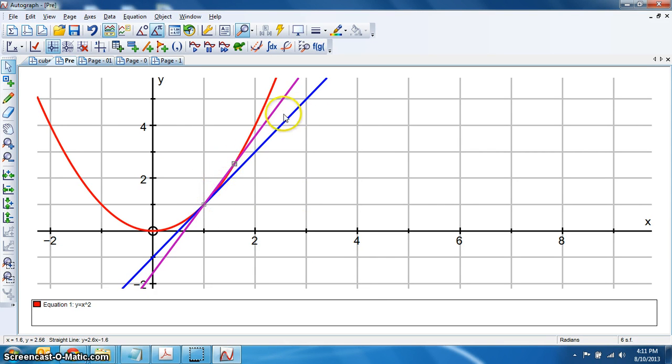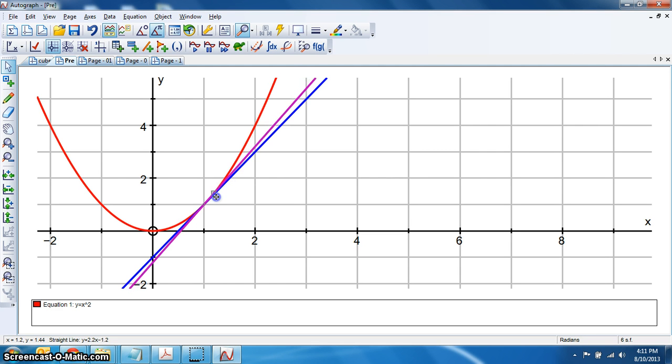Notice this is called the secant line, and if I move the point Q away, then my secant line is changing, and if I move it towards the point P, then my secant line is changing in the other direction. And notice as Q is approaching P, my secant line is slowly approaching my tangent line.